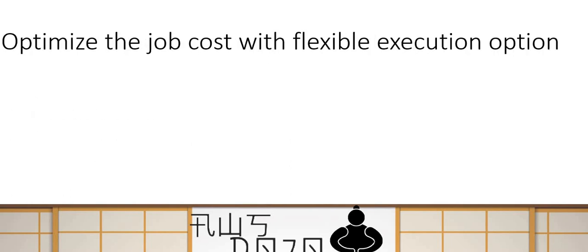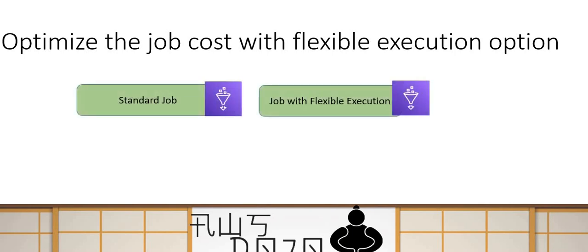How do I optimize job cost with flexible execution options? Now you have two ways to run or configure your job. One is a standard job, and in a standard job, you pay $0.44 per DPU hour. Think about the jobs you have been creating so far, before the flexible option became available.